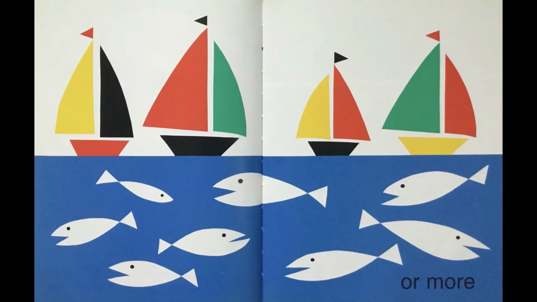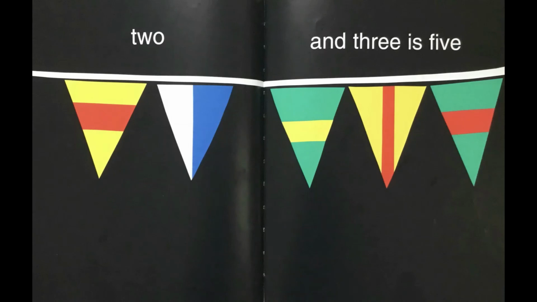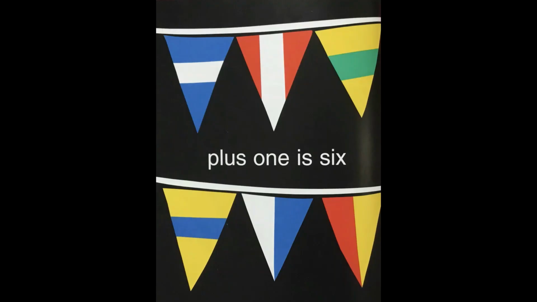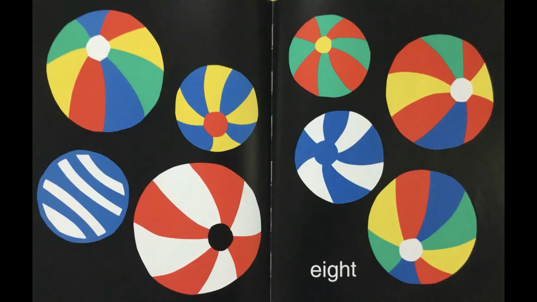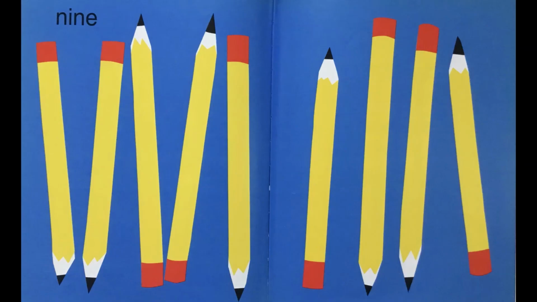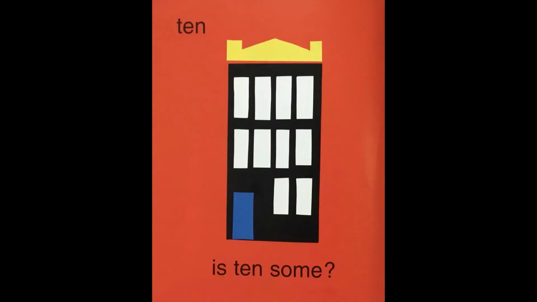Or more. Two and 3 is 5. Plus 1 is 6. Then 7. 8. 9. 10.